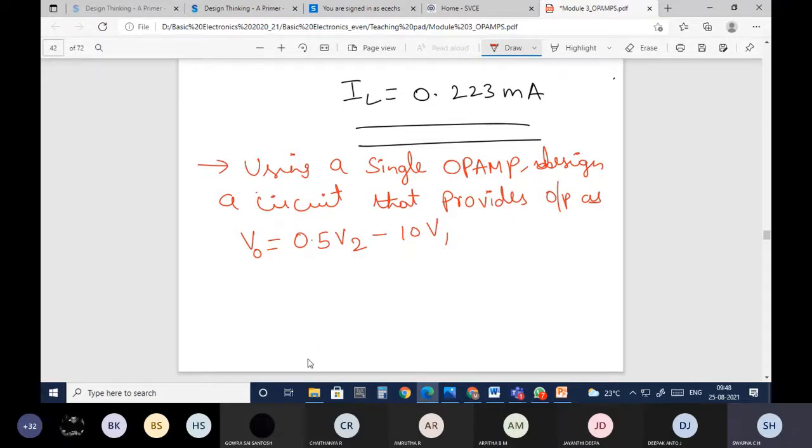V naught is equal to 0.5 V2 minus 10 V1. So this is the circuit you need to design.